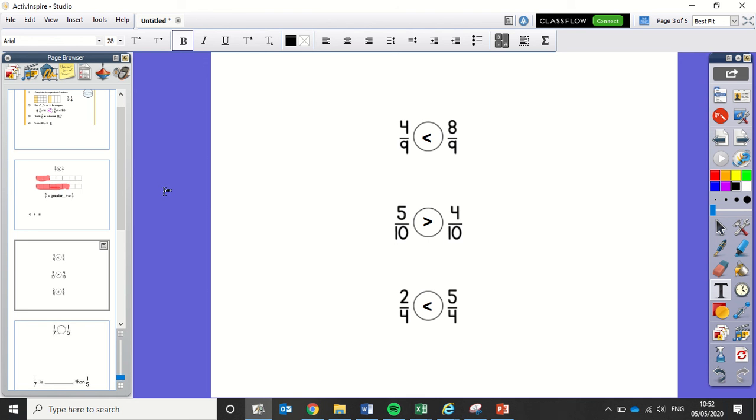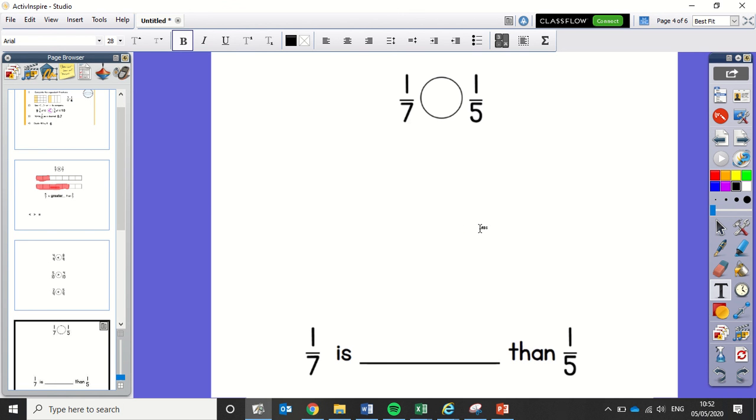Okay, really easy. It gets a bit more difficult when we have different denominators. So here we have 1/7. Is it greater or smaller than 1/5? Now, if you can remember back when we did this in lesson, we had a very, very important rule, which is this.